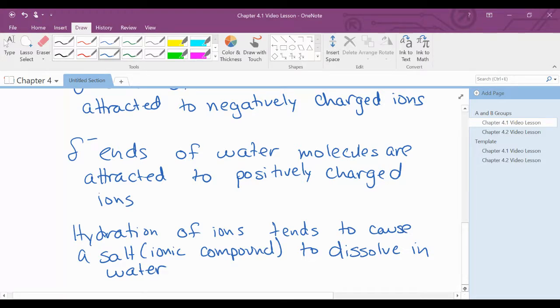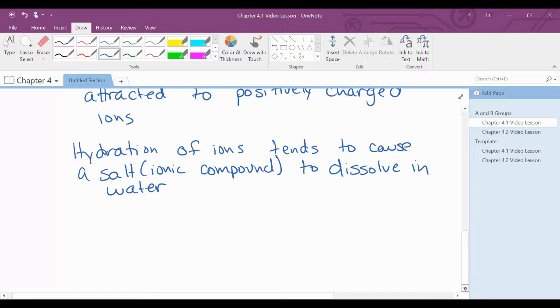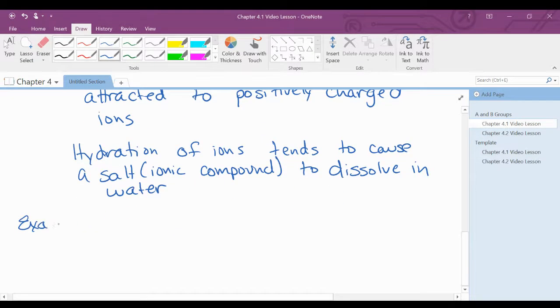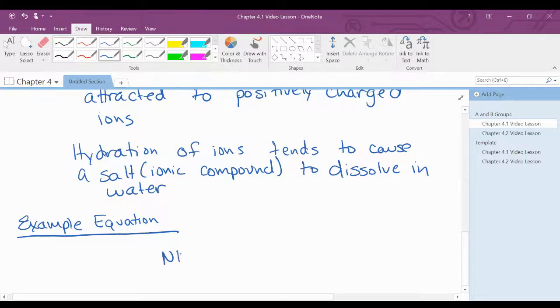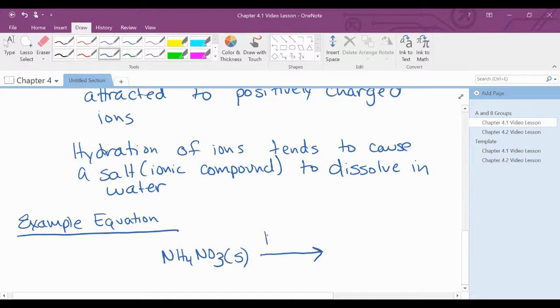So I'm going to write out an example hydration equation. So here's my example. I have ammonium nitrate, solid. It's put in water.